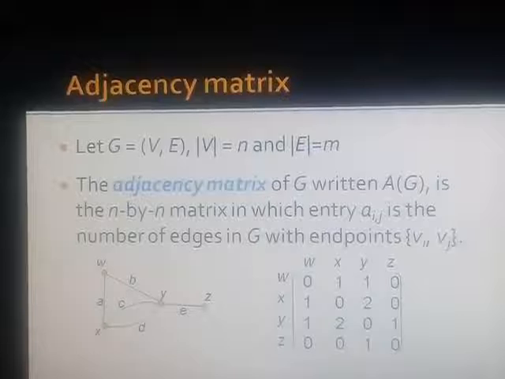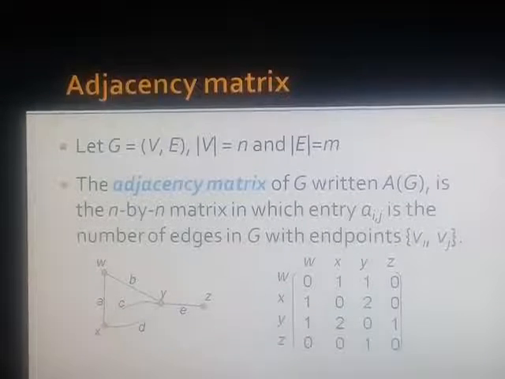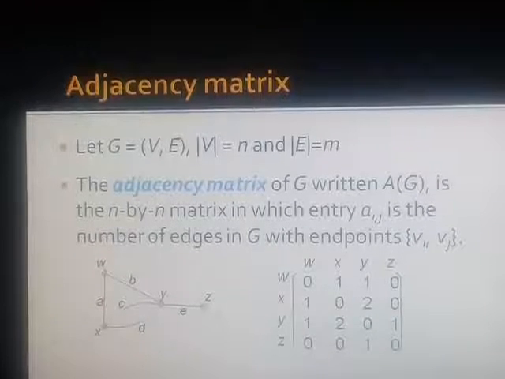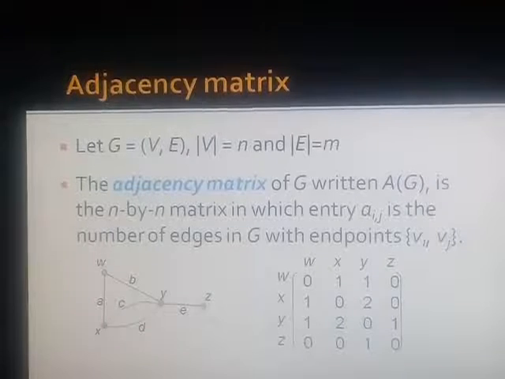Next one is the adjacency matrix. Let G equal to V comma E and modulus of V equal to N and modulus of E equal to M. The adjacency matrix of G, written A of G, is an n cross n matrix in which the entry A I comma J is the number of edges in G with endpoints V I comma V J. This is an example for the adjacency matrix.